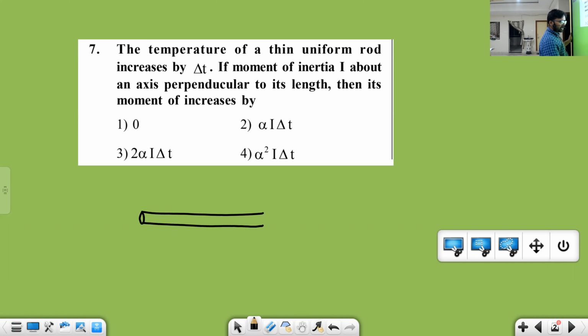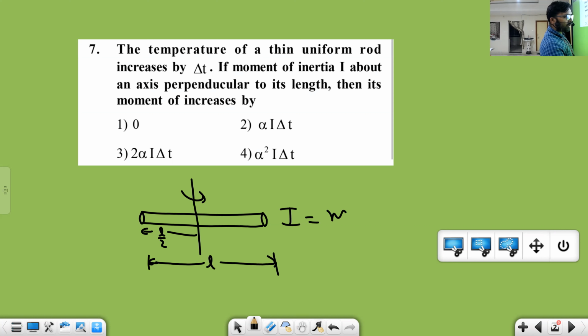Generally, if you observe our system of particles and rotational mechanics chapter, what is the formula for the moment of inertia of a thin uniform rod passing through the center of the rod? We learned it as moment of inertia is ml square by 12.